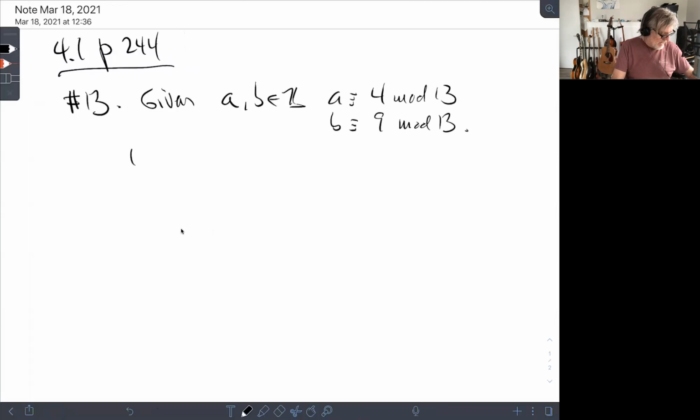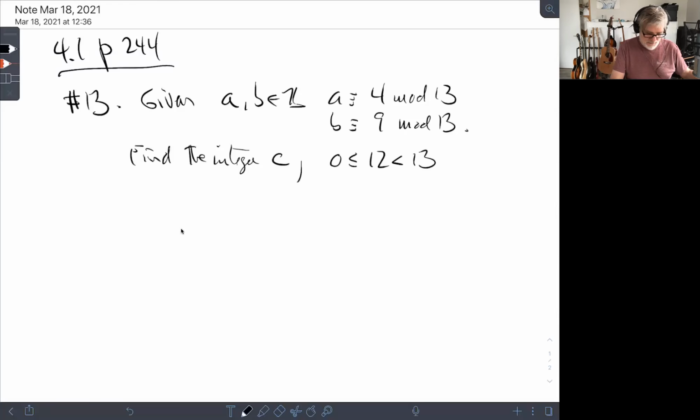Okay, and we're asked to find the integer, for there is only one integer, c, which is between 0 and 13, such that, and then you have a whole bunch of different questions.